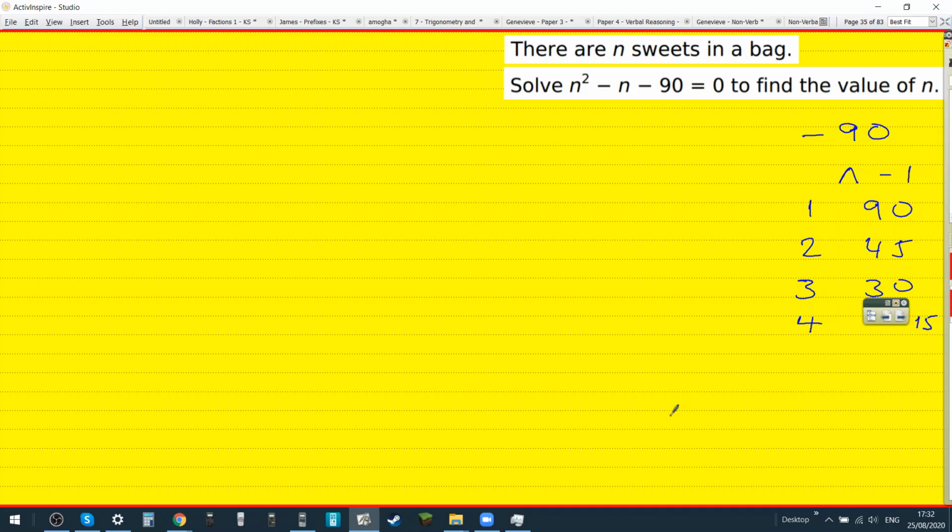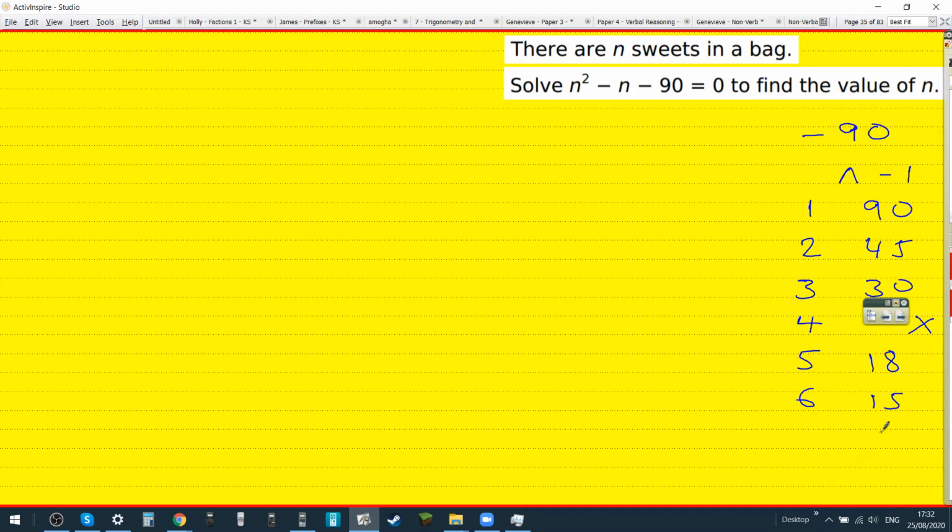No, it's not 15. 25? No. Does 4 go in? No, 4 doesn't go in. 5 and 18. 6 and 15.